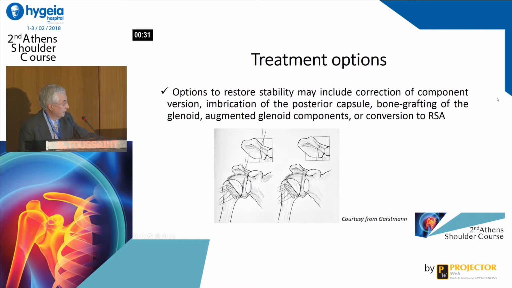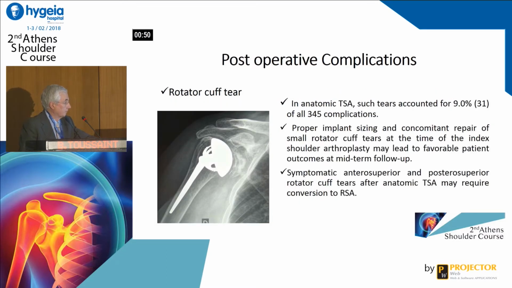You can suspend this capsulorrhaphy with the CA ligament. But sometimes you need to change the aspect of the glenoid component, and you make some graft posteriorly.